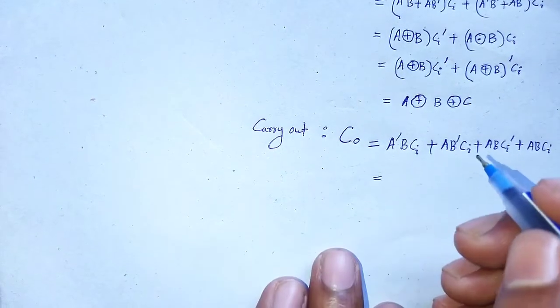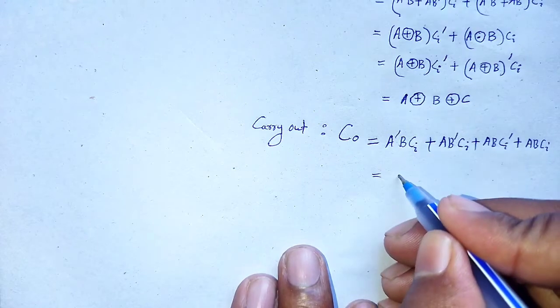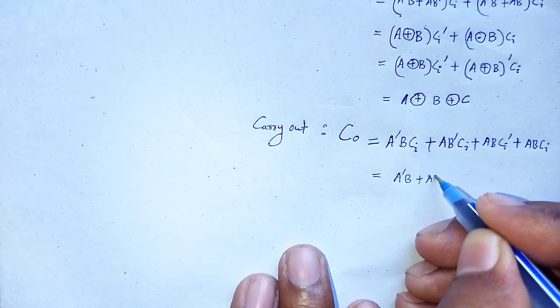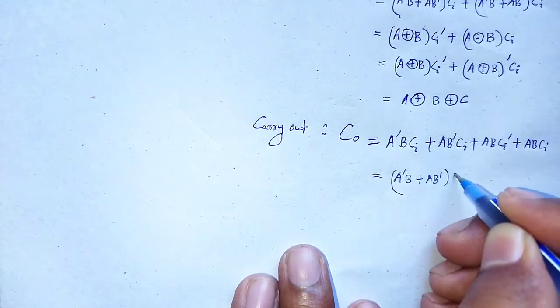In the first two terms we take Ci as common, inside that bracket A prime B plus A B prime.